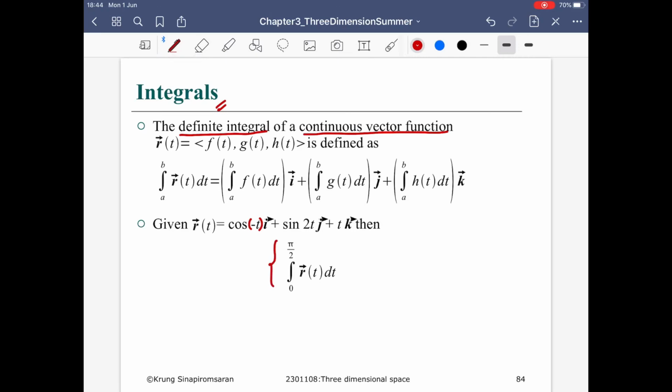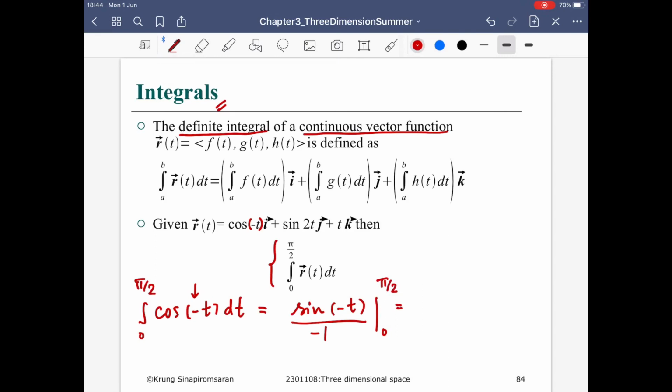So first what you have to do is to find an integration of each and every component. So look at the first component, you are going to integrate the cosine, but because of this negative, don't forget that the integration of the cosine becomes simply sine of negative t, but because of that negative, you have another negative out, right?